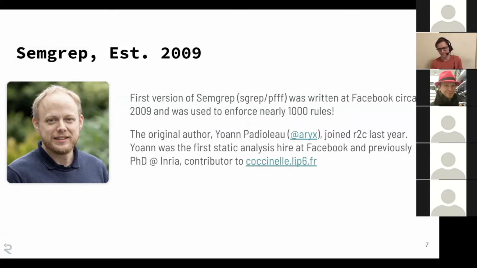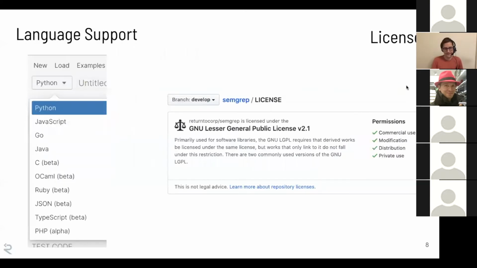He is one of the main contributors to this tool that was developed for searching through and replacing code in the Linux kernel. And then our team basically took over development. We hired Johan after he left Facebook, and we started developing it further this year. Yeah, so that's about the history.